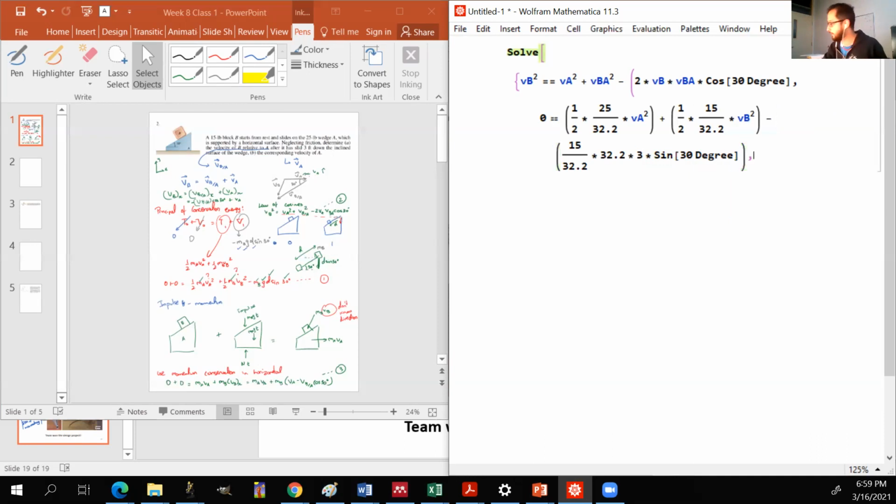And then finally, the last equation comes from momentum. So you have 0 is equal to MA, which was 25 pounds, right? So Control C, that guy, times VA, which I can just write, VA, like that, plus MB.